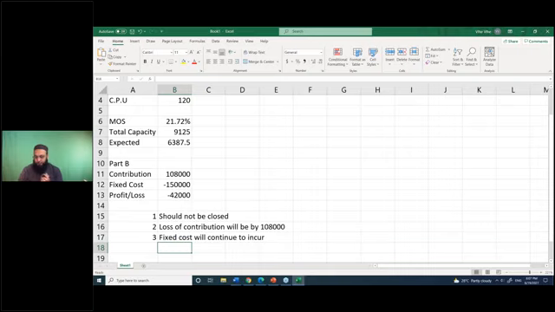And if you close, remember, this means the contribution that you are earning will be gone. And you will incur a further loss of 100,000, because if you are losing the contribution of 108, obviously the fixed cost will remain the same. So this means that you will incur a loss by the amount of the contribution you will lose.